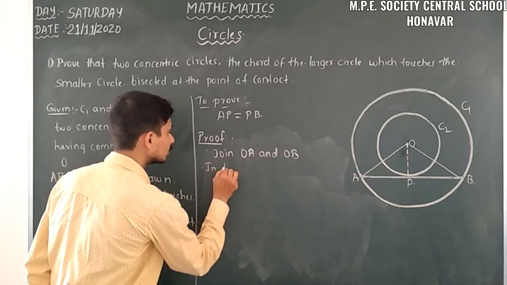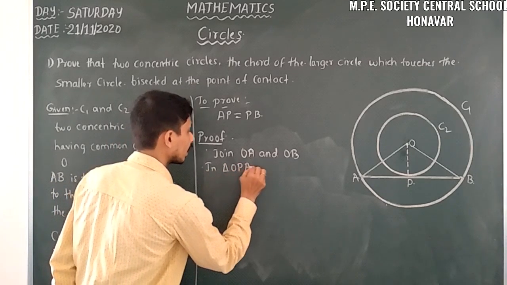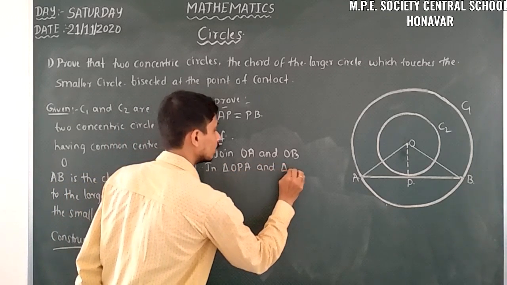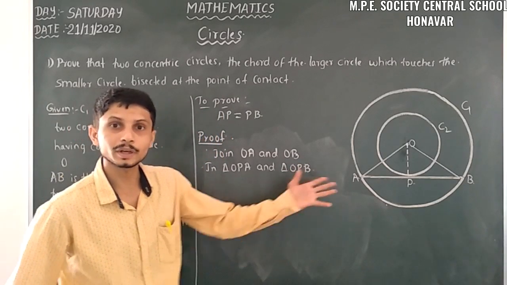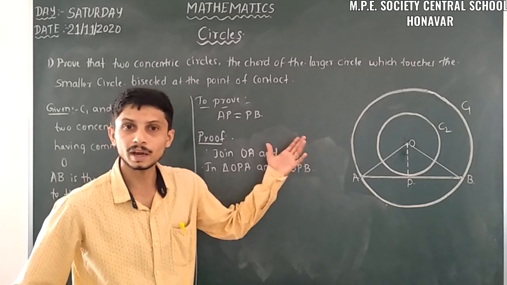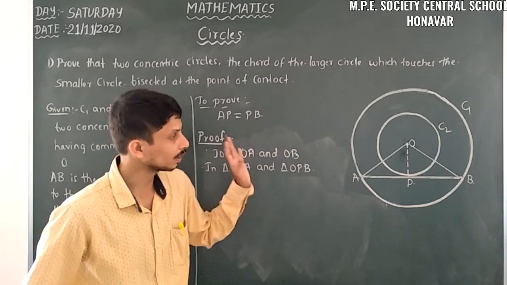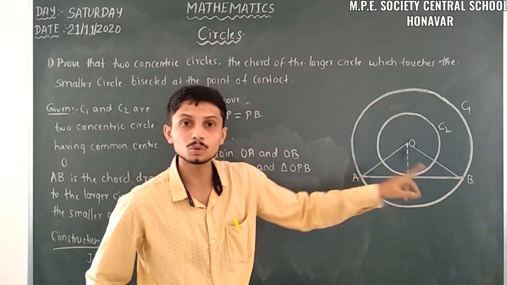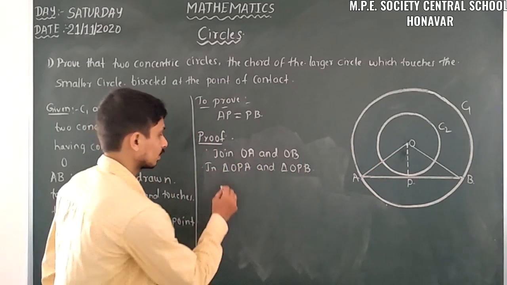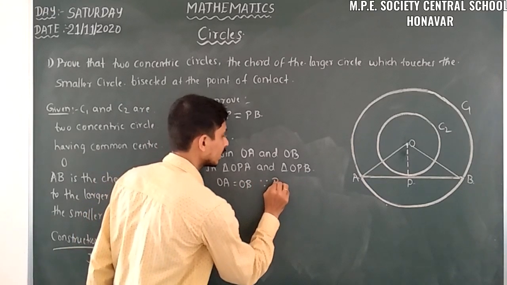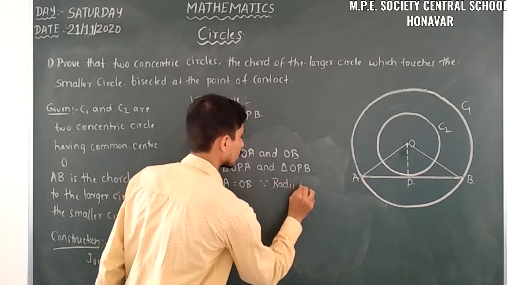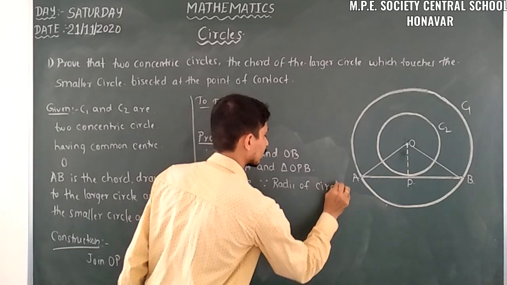In triangle OPA and triangle OPB, in these two triangles we have to look at the congruence rule. So we have to take the equalities. What are the equalities we have? Here OA is equal to OB because they are radii of the circle.